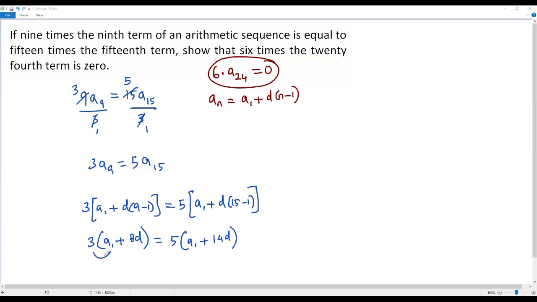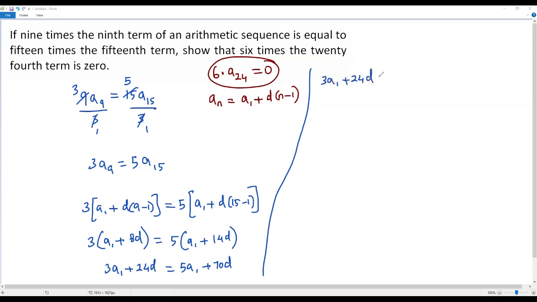Now we can distribute the 3 to a1 and 8d, getting 3a1 plus 24d. And we distribute the 5 to a1 and 14d, getting 5a1 plus 70d. Now let me take the same equation: 3a1 plus 24d equals 5a1 plus 70d. Let me subtract 3a1 from both sides, and also subtract 24d from both sides to get all the terms on one side.